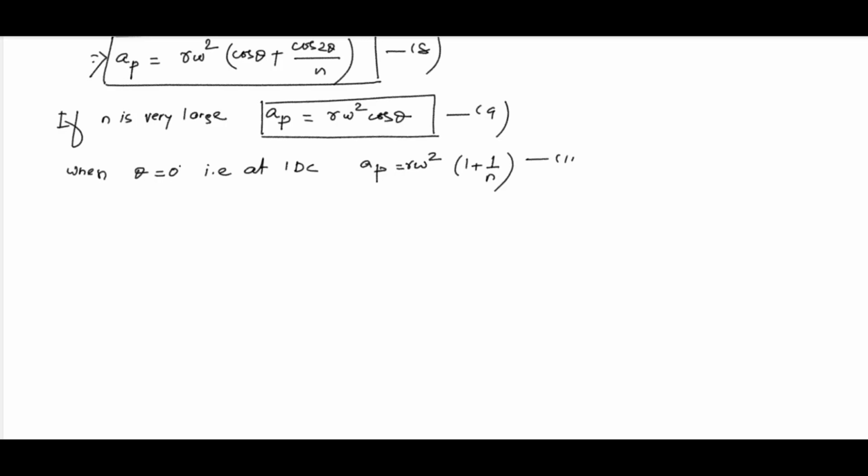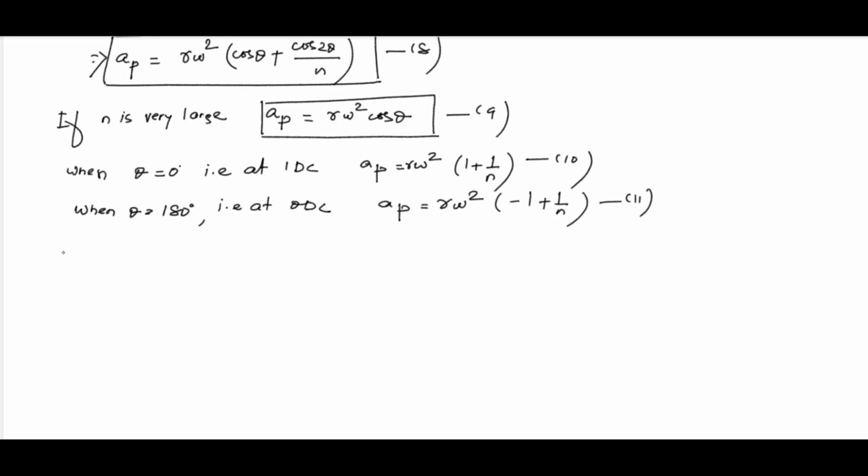Let's say this is 10, and when theta is at 180 degree, that is at ODC, outer dead center, acceleration of piston will be r omega square (minus 1 plus 1 by n). Okay, equation 11.